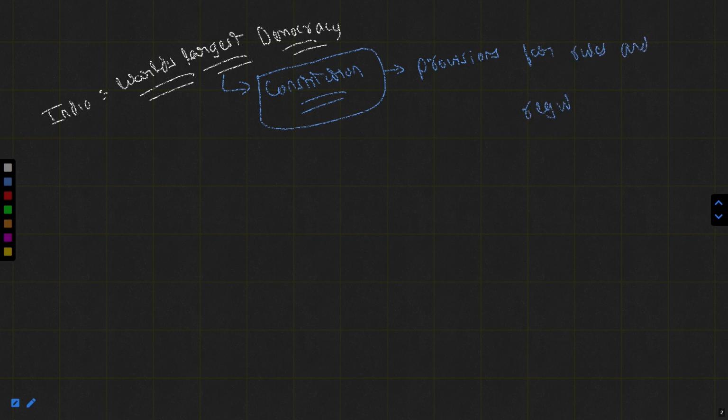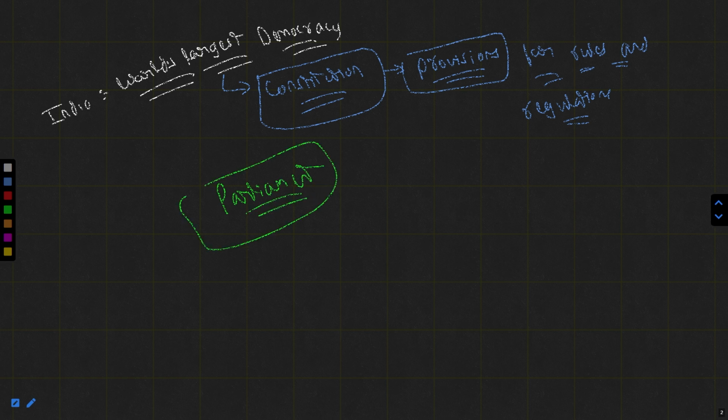It does not contain the rules and regulations by itself. So we require a particular organization which can use these provisions and make the rules and regulations for the governance of this country in which we are living. That particular organization is the parliament. India is the world's largest democracy and parliament is the powerhouse of that democracy.